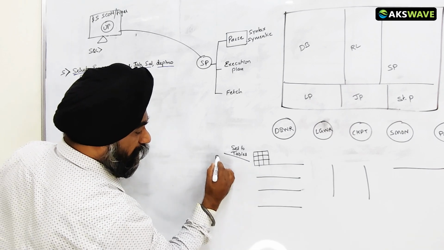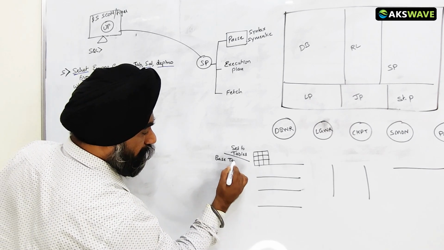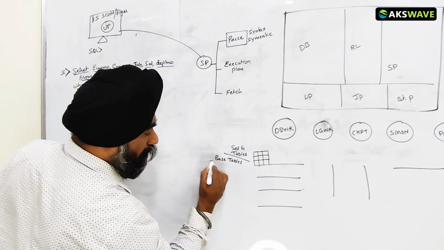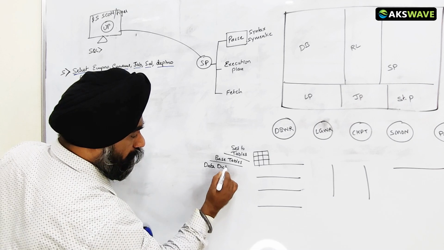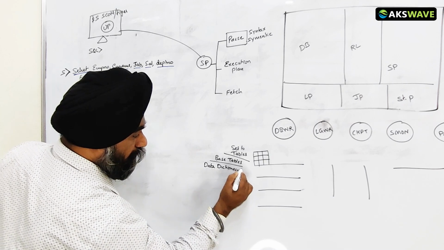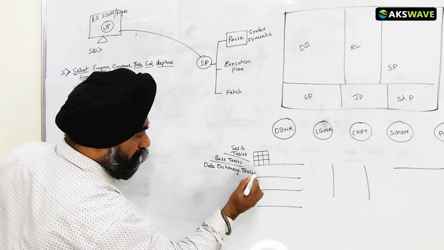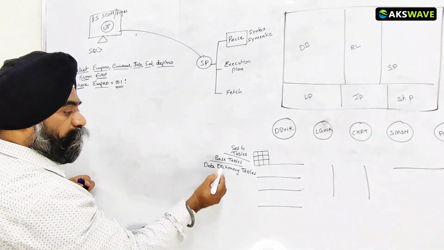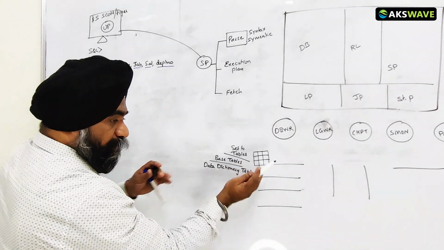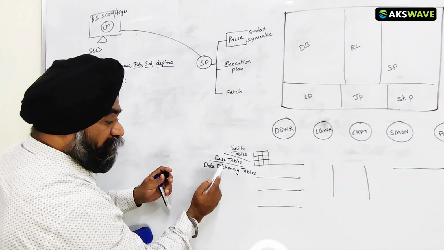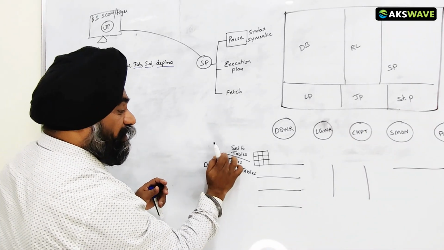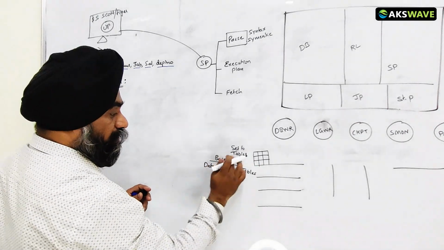We call them base tables, or even we refer to them as data dictionary. What is that? Tables. The set of tables, right? Basically called base tables or data dictionary tables.